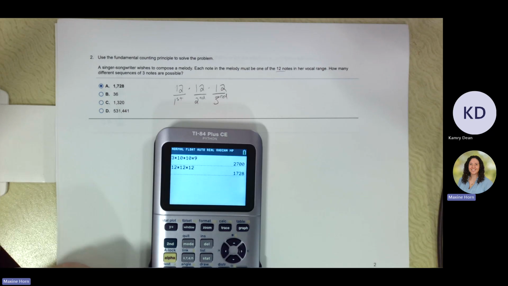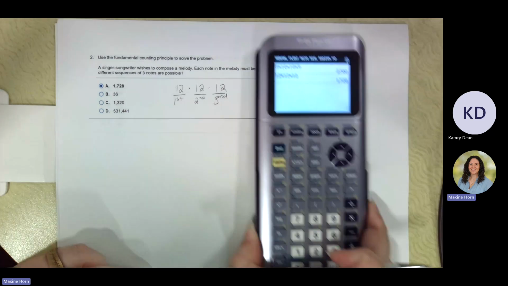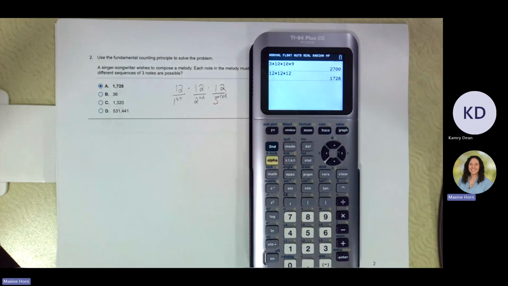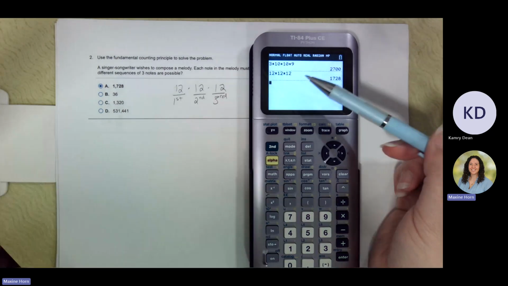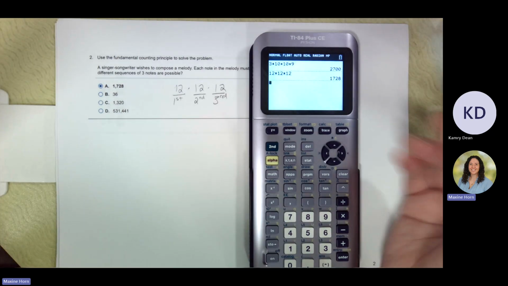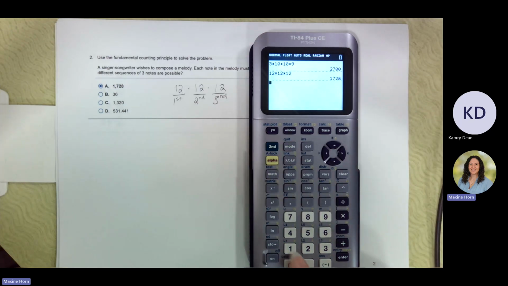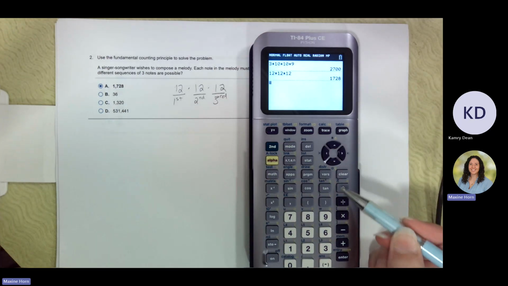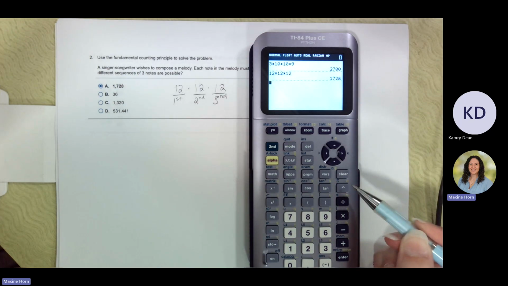Or if you wanted to, and I just want to make sure that I can show you this on the calculator, if you're multiplying a number a ton of times, here it was only 3 times, but let's say we were doing this 47 times or something ridiculous, you can take your number to a power. This little caret symbol is how you can do that.